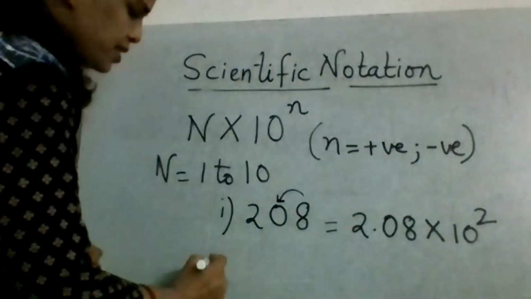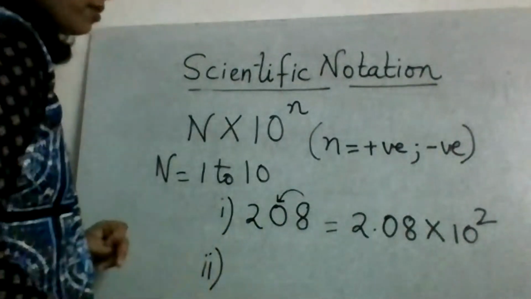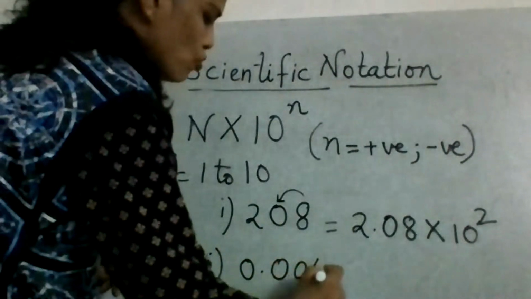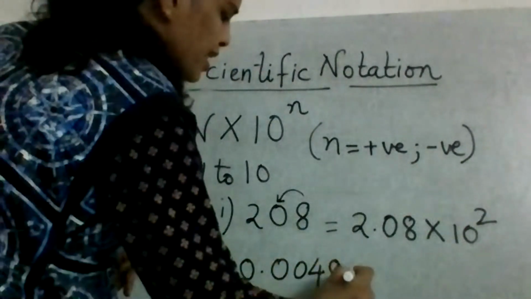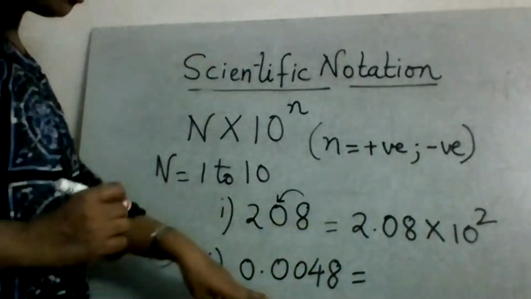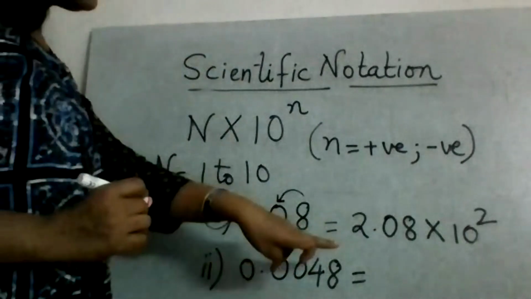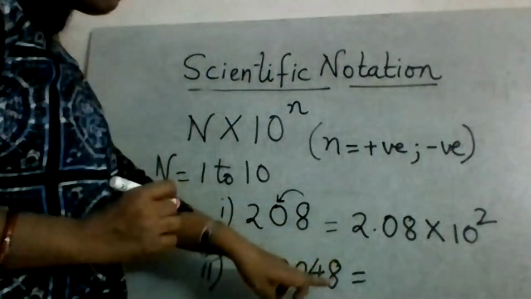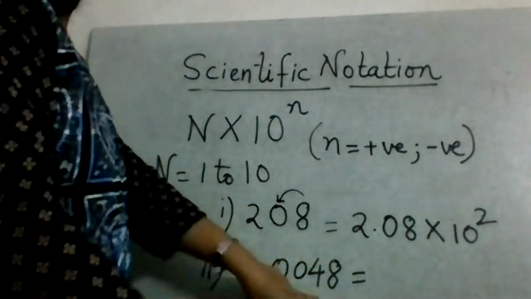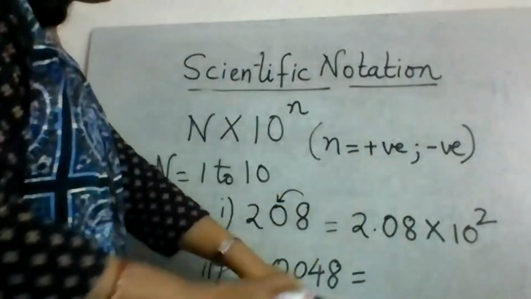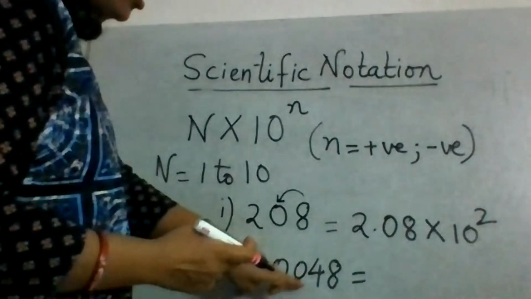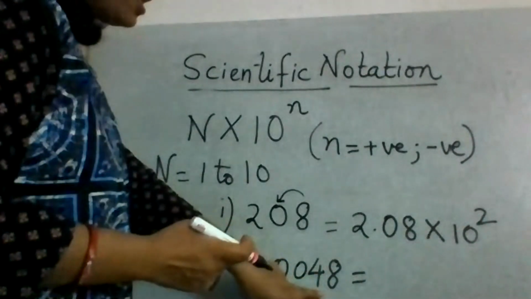I give another example. Second example, if I write 0.0048 and I ask you to express this in scientific notation method. Now you see this number that is there. Here I will be moving 1, 2, 3. 4 is the number that is there.